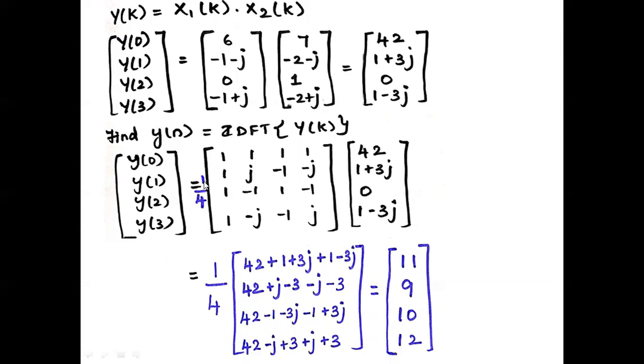In the formula, here we have 1 by n, and here n is nothing but the length of a circular convolution. Here the length is 4. Write the Twiddle matrix for this IDFT followed by y of k. Take the rows and multiply with the column. This is the output of the two data sequences.